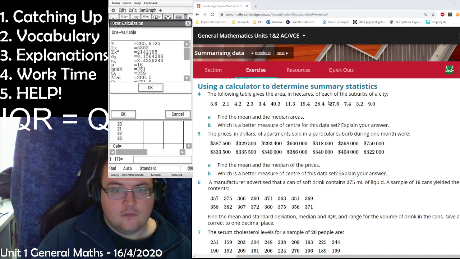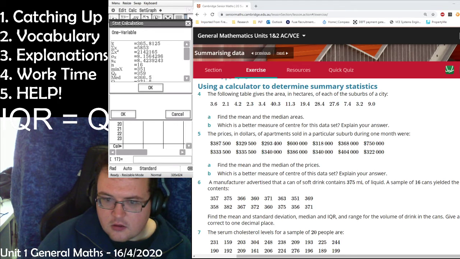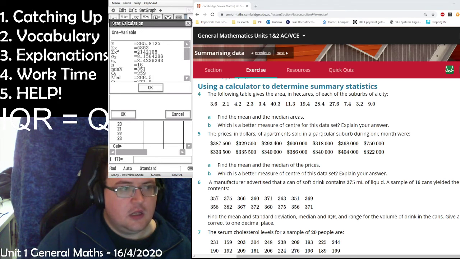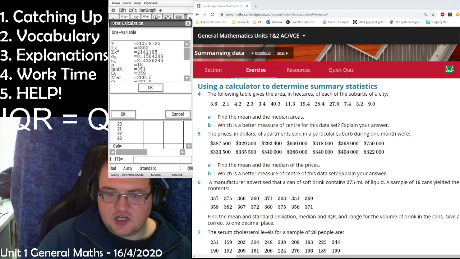What this is, it spits out a whole bunch of information about what's going on. It says there x-bar is 365.8125. So that's telling me the average of this data set is only 365.